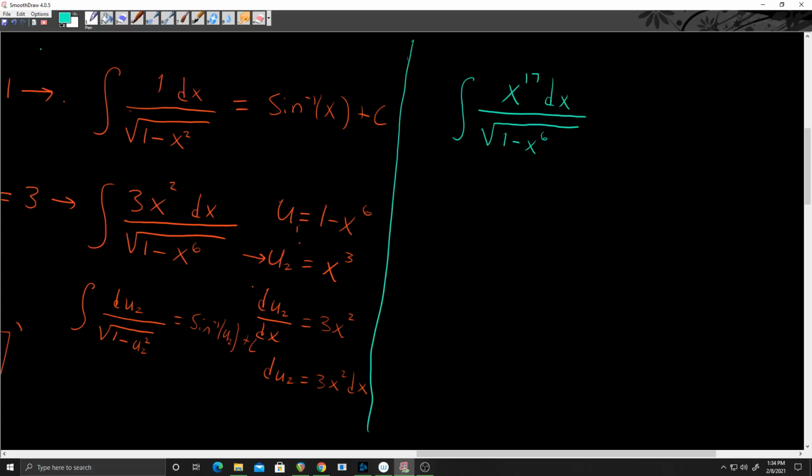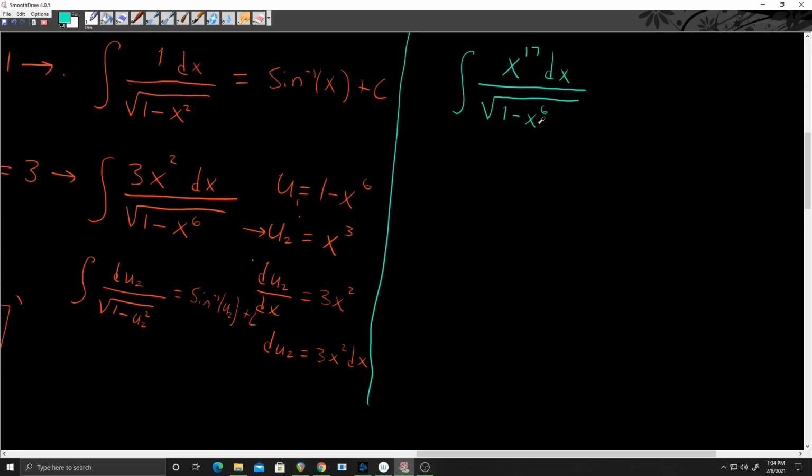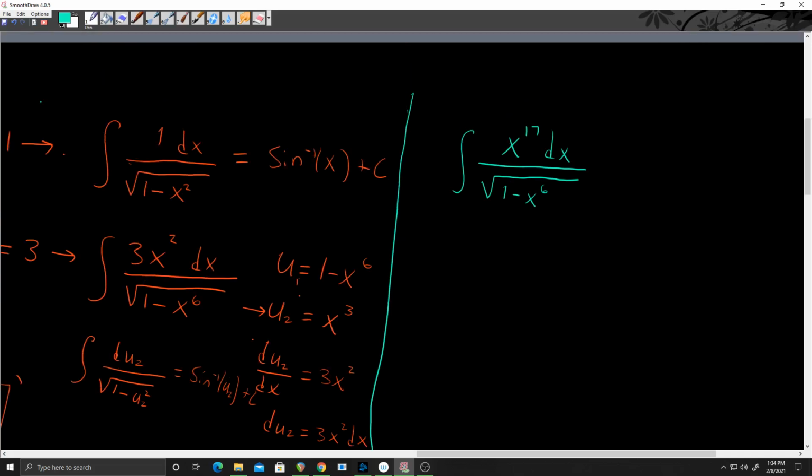This should tell us right away that we're not going to do an inverse sine, because the inverse sine over here has the exponent on top being a lot less than the exponent on the bottom. Now over here we can clearly see that the exponent on top is greater.